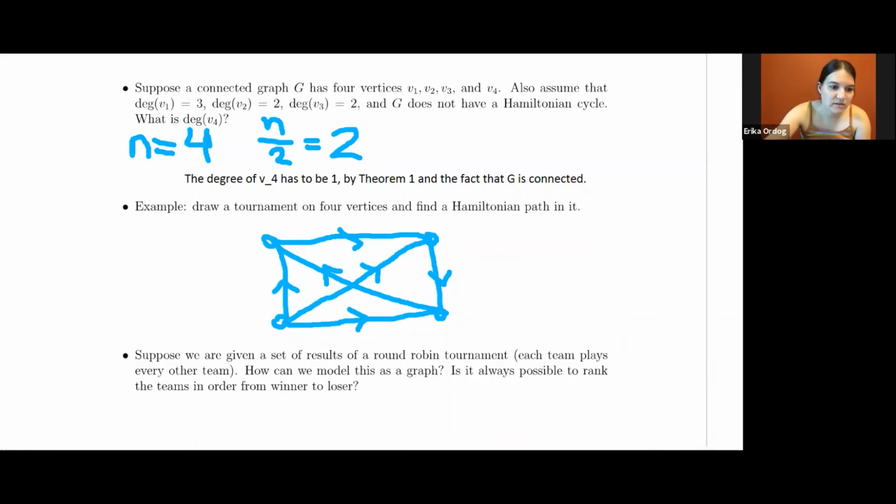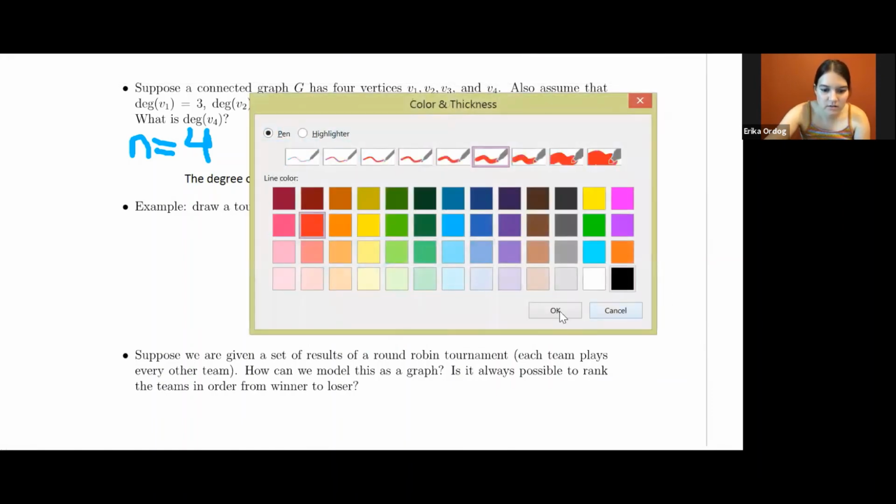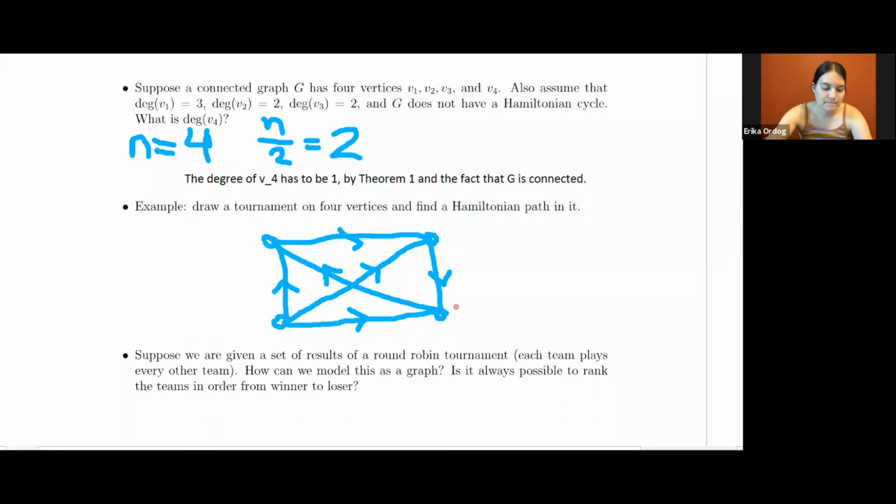So let's find one. Let's get a different color. All right, what if we start here? The only way to leave this vertex is this direction. Go down here. Okay, now what can we do?